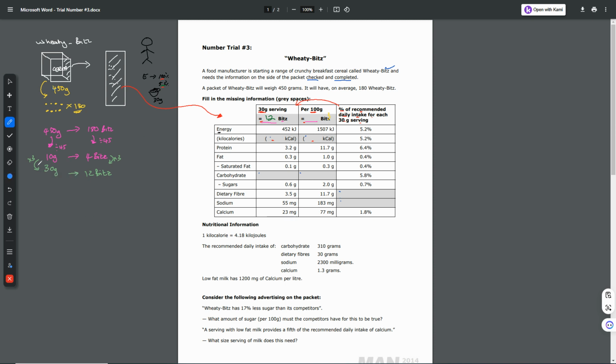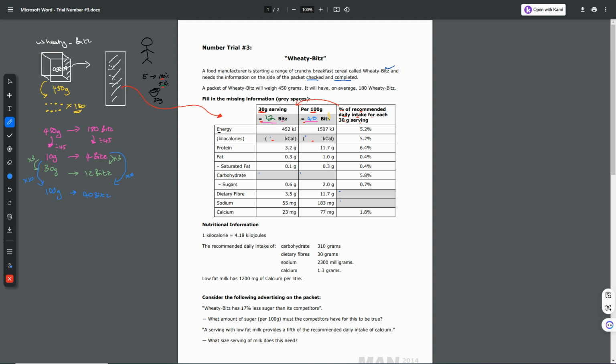If you want 100 grams, then you have to multiply this by 10 to get 100 grams, and multiply this by 10 as well. And so that'll come to 40 bits, pieces, right? So we know that that's going to be 40. If you grab 40, then that's going to be the amount of energy, calories, etc. All right, kilojoules.